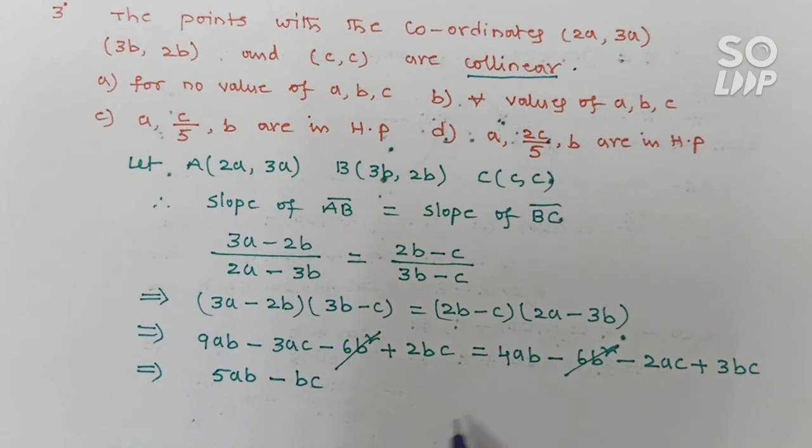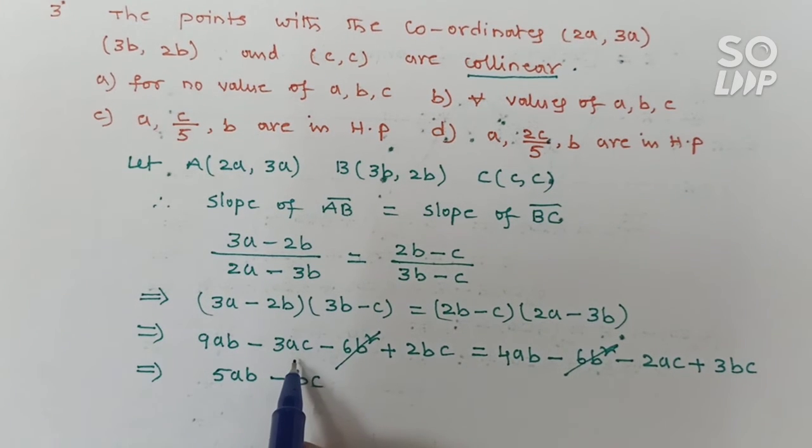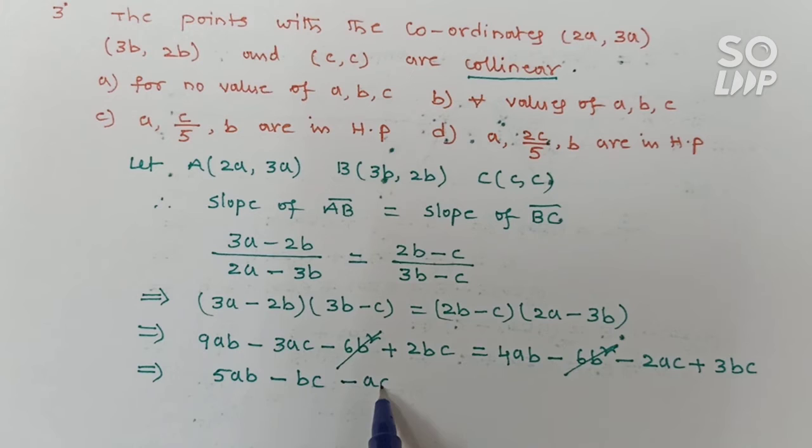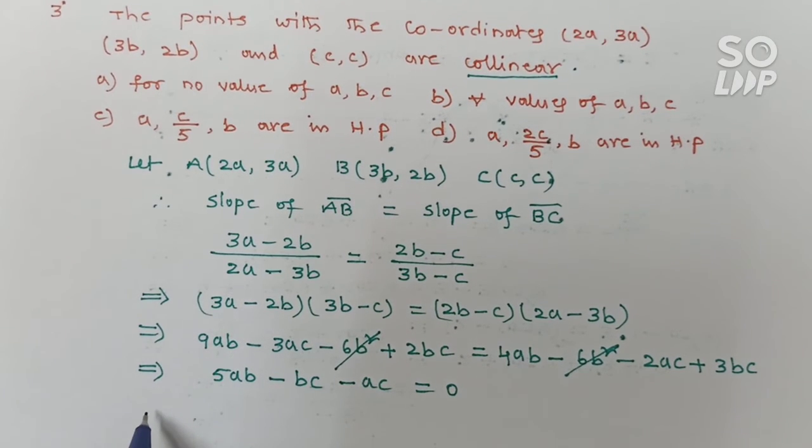And minus 3ac plus 2ac is minus ac, so 5ab minus bc minus ac is equal to 0.